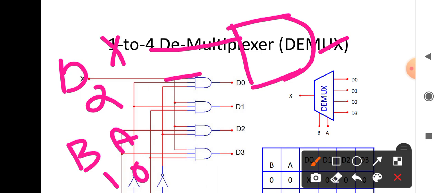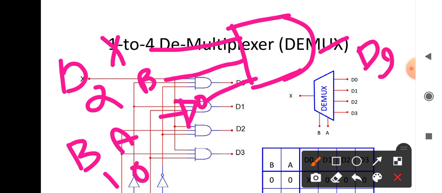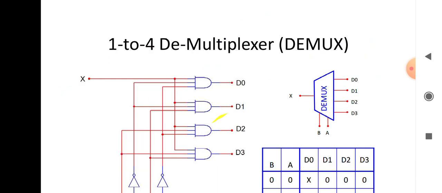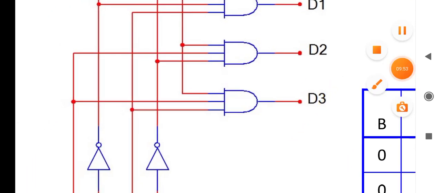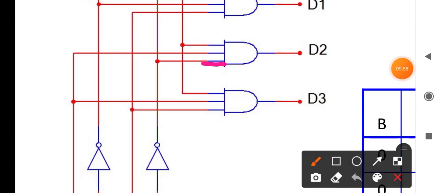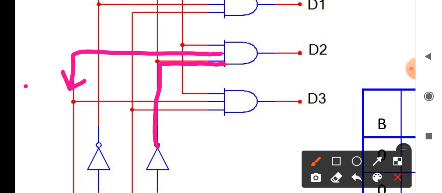So we need to connect B directly, and we need to connect the NOT of A. From the NOT gate we need to connect so that we get D2. Let us see whether it is implemented correctly here. Yes, you can see D2 is connected to A through the NOT gate, B here, and X here.